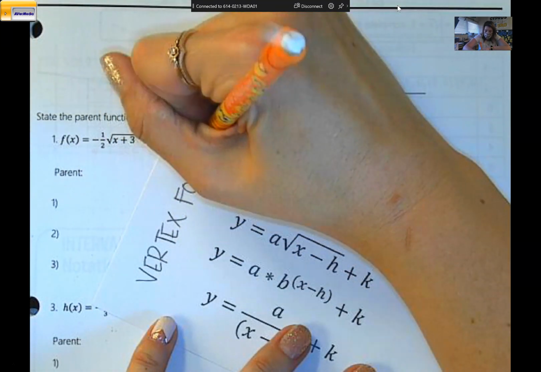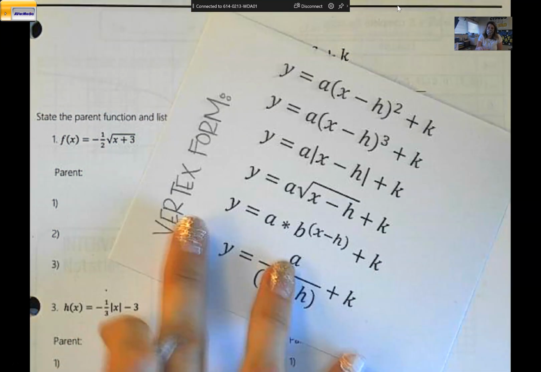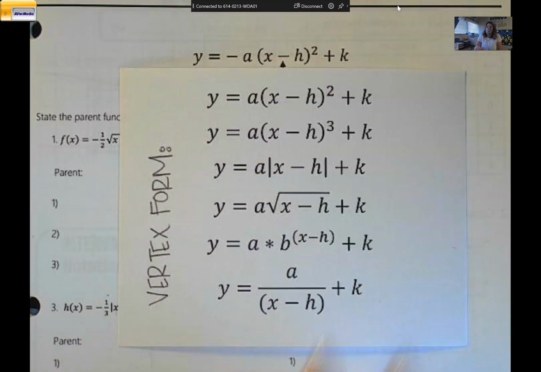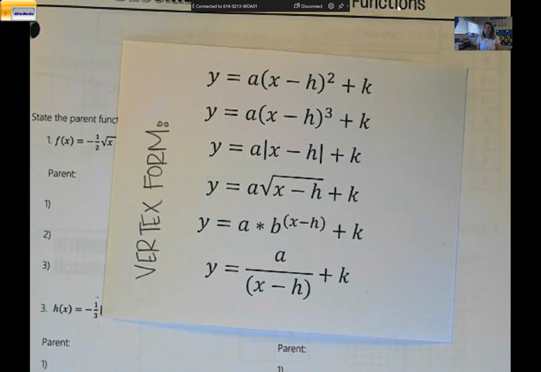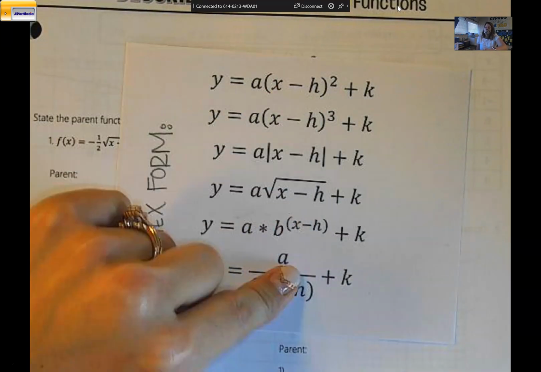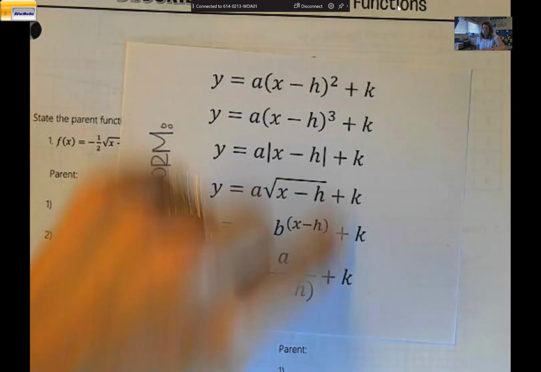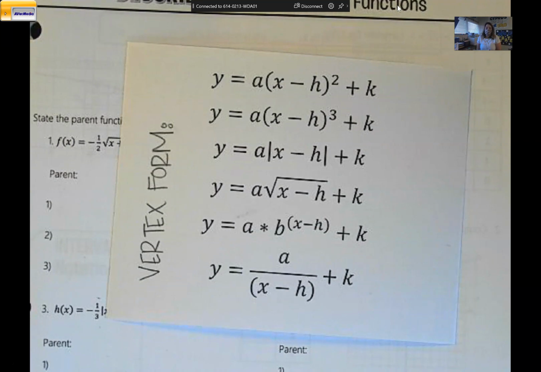So I brought you a cardstock with all of the vertex forms, because I think it's helpful to see that all of them have the same things. All of them have the letter A, all of them have the letter H, and all of them have the letter K.